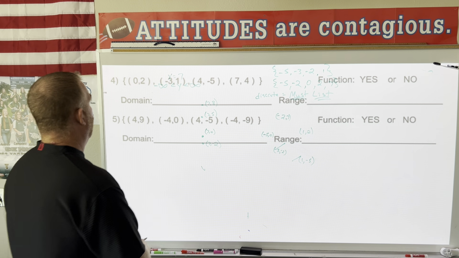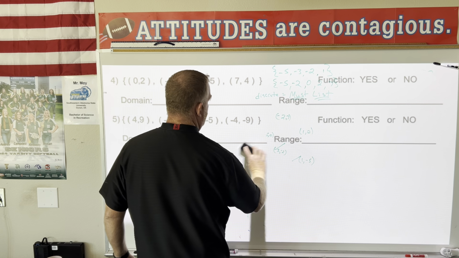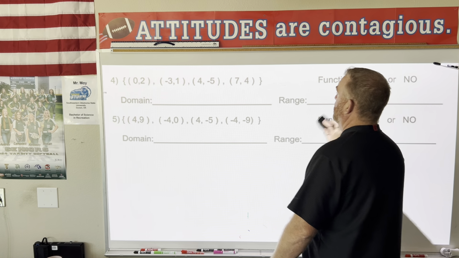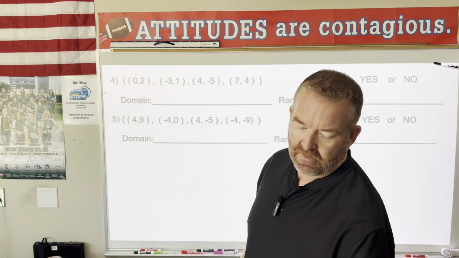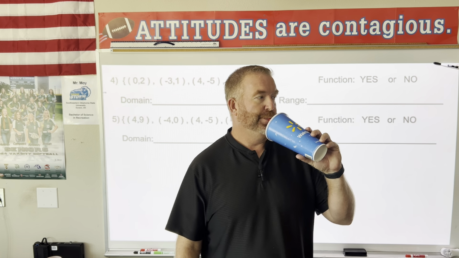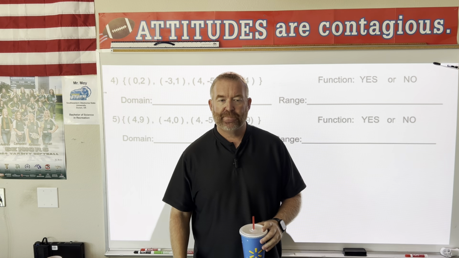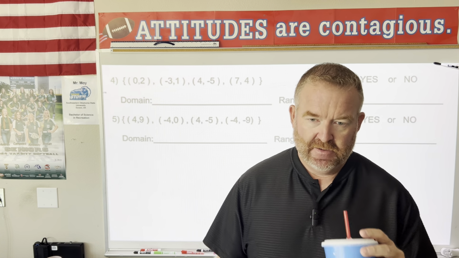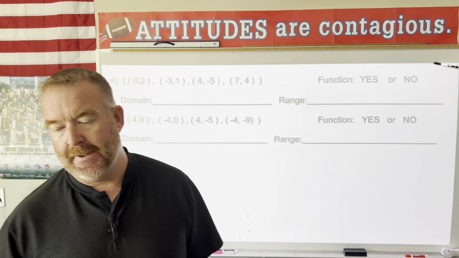Domain. For the first one, number 4. With your partner, go ahead and start listing them. List them out. Always least to greatest. Wait, go back.